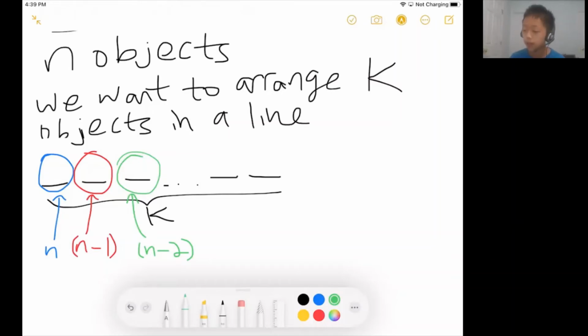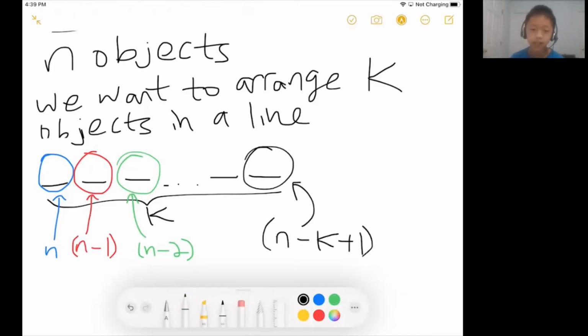And we can continue this process all the way until the end, where we have n minus k plus 1 ways to choose what goes in the last spot. And just in case this plus 1 is not entirely clear, why do we have to do a plus 1? You can think about it as we can write this n as n minus 0. This is for the first position, and we're doing n minus 0.